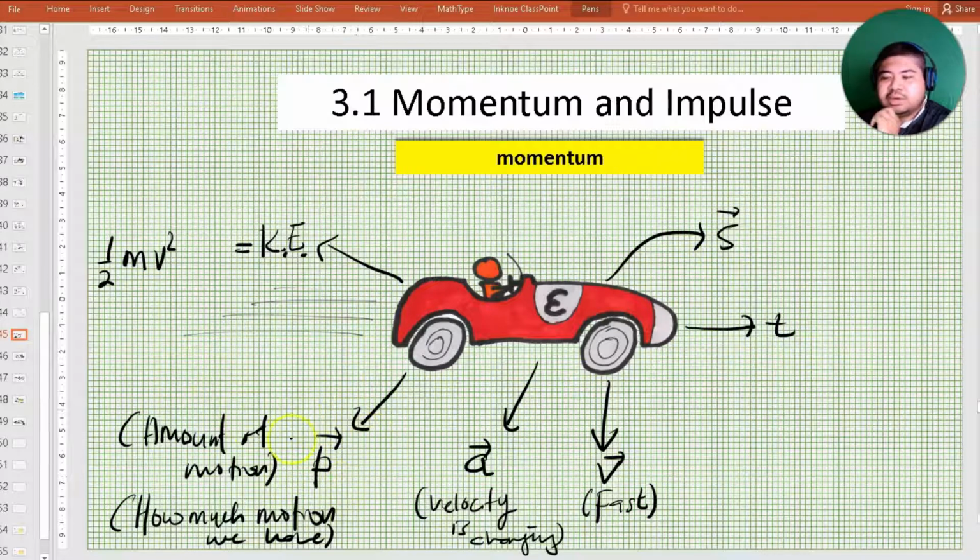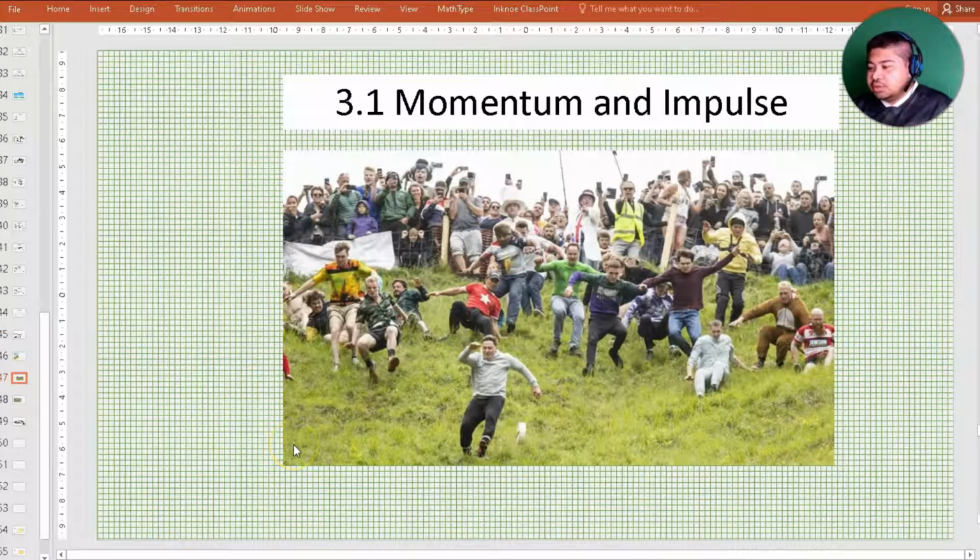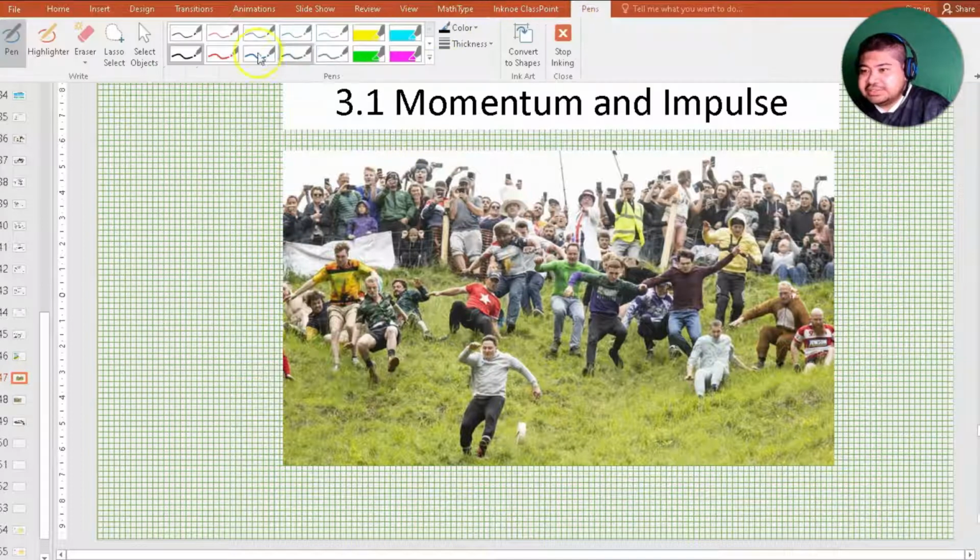To explain what I meant by amount of motion and the value of momentum, I want to take you to one of the most interesting events where we have people chasing cheese.